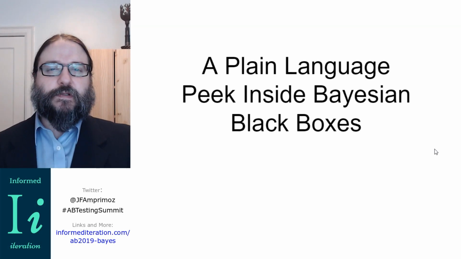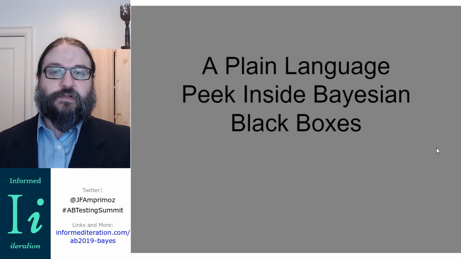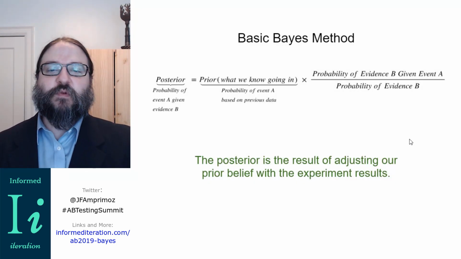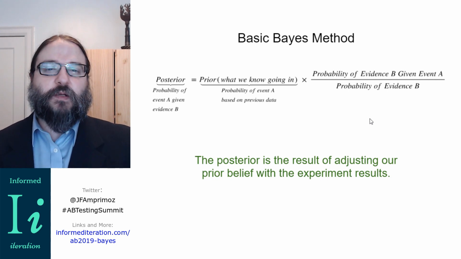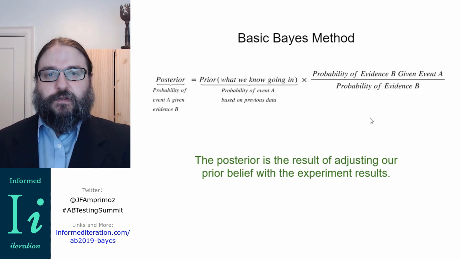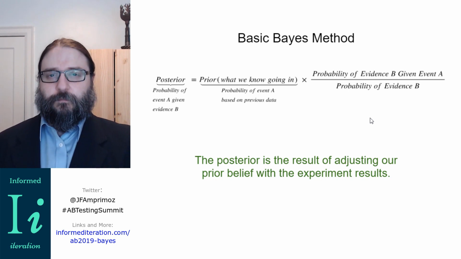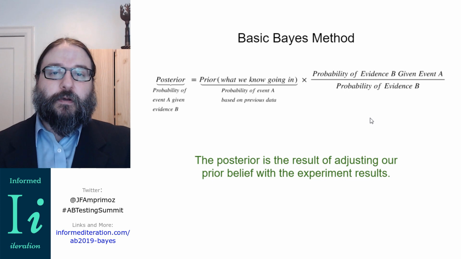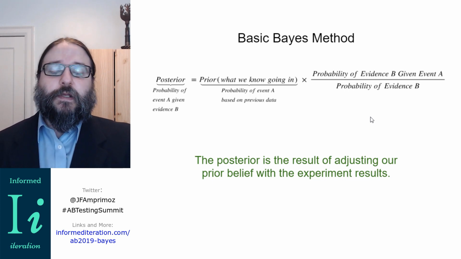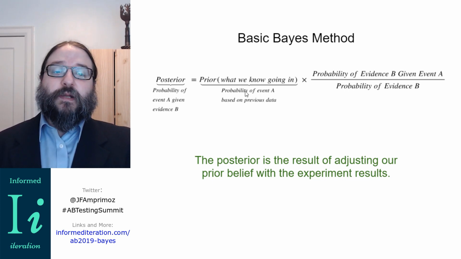Let's start our look inside the Bayesian A-B testing tools with a look at the Bayes method in its most basic form. The most important thing to understand about Bayes is that it allows you to take information you have that you've used to construct a probability around some event happening, and they call that a prior.